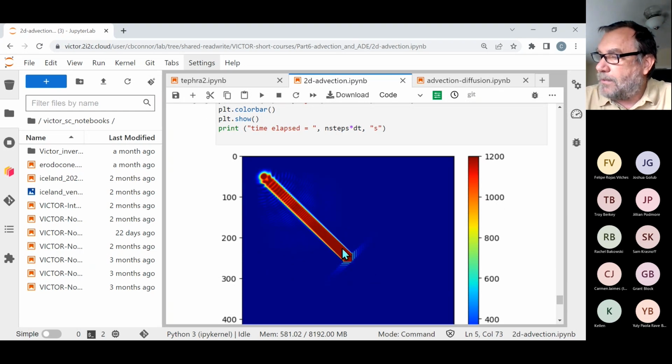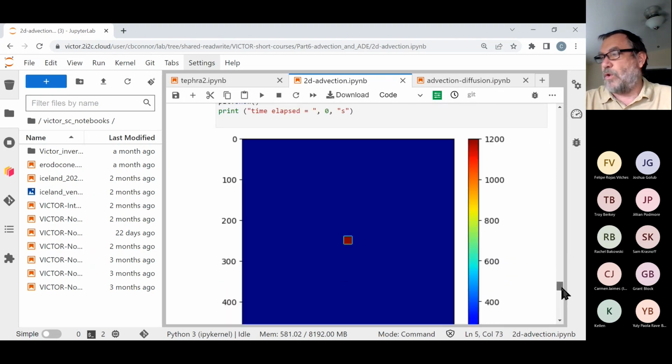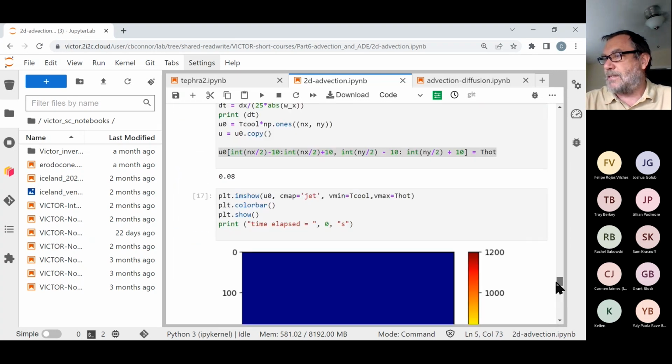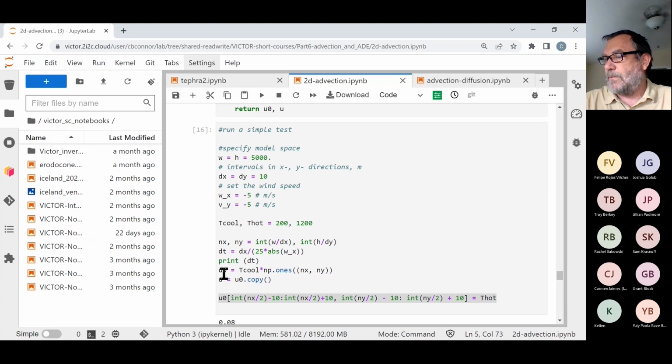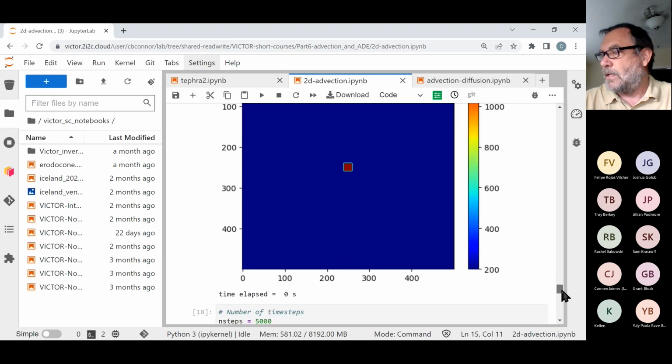But it's not doing too badly, and it gets the main point across, that I'm moving material out in the wind field, and in this case, U and V are negative, so it's going to the northwest in my model domain, and it's moving off, and you can see there's still some numerical instability in there, which I would have to address by changing my grid spacing and so on in this model. So I didn't do such a good job in this case of implementing this time step expression. I just kind of threw it out there, but you get the idea.